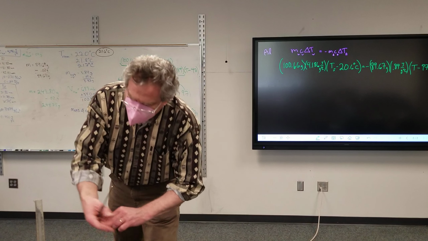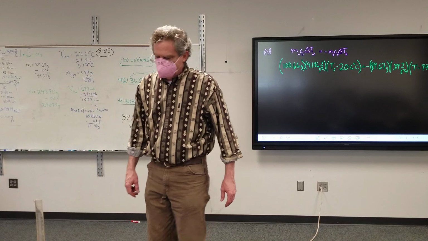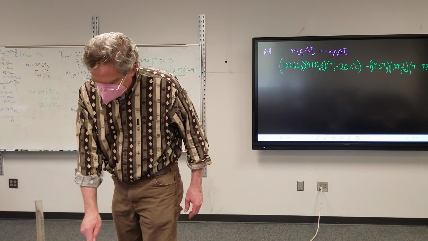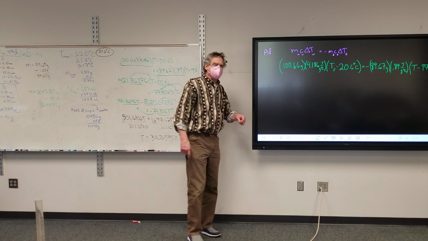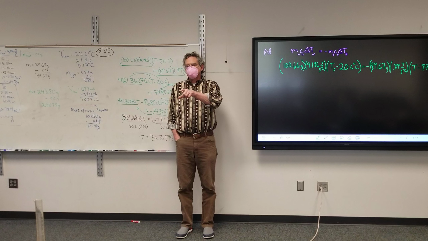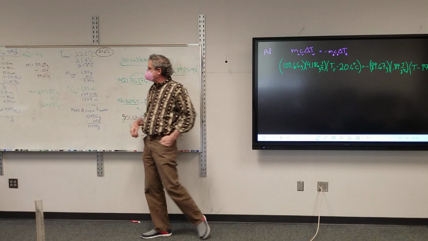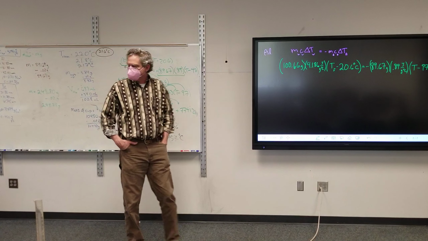All right, so let's get this temperature on here. All right, this time we'll figure out the final temperature, and we'll predict what the specific heat is. Now, I am expecting the specific heat somewhere around 0.45 joules per gram degree Celsius.